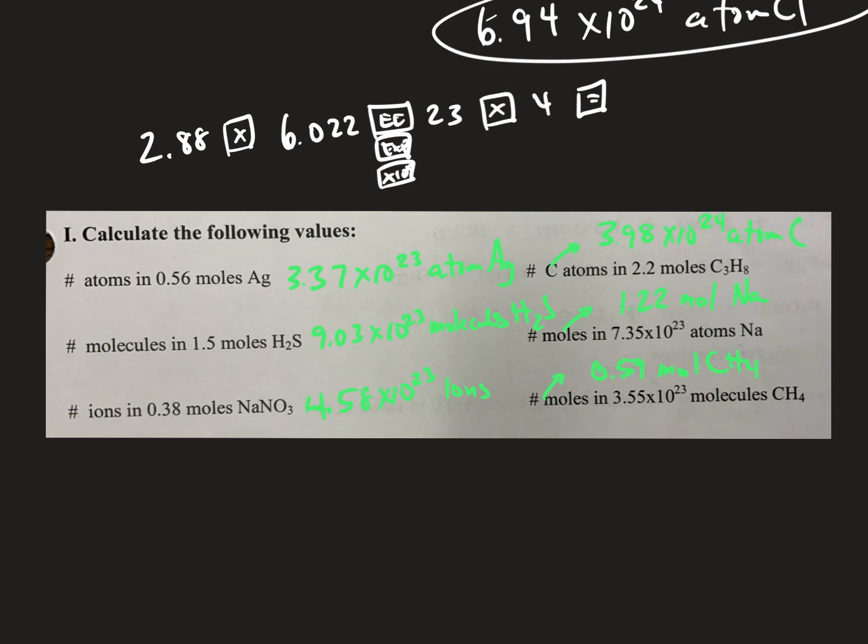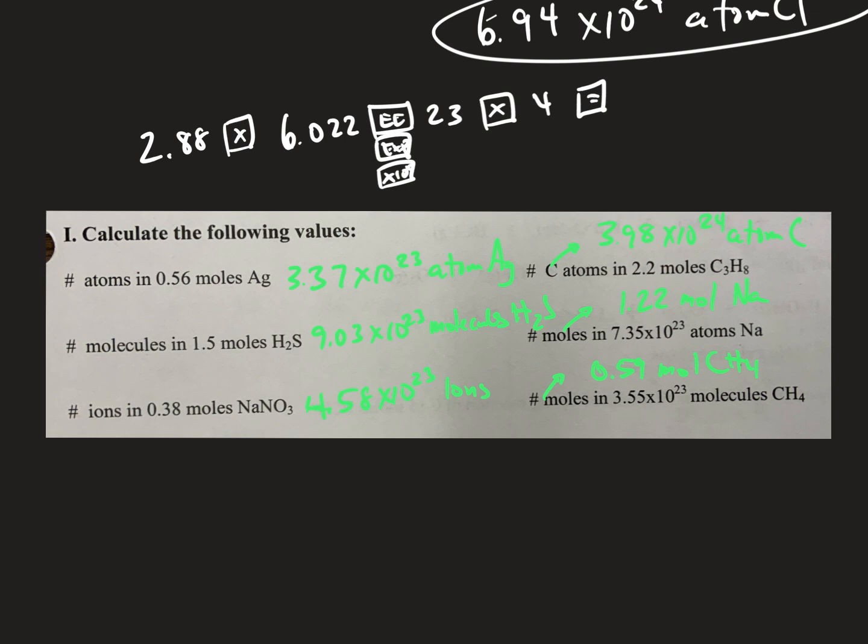I got a different answer for the last one, the ions. So I must have done something wrong. So for the bottom one down there? Yeah, that one's a tough one. Let me see what we did here. So 0.38 moles of this. One mole for that many... not ions.